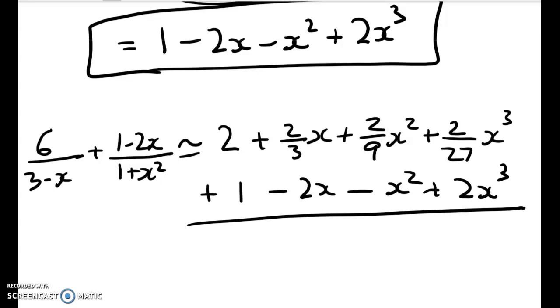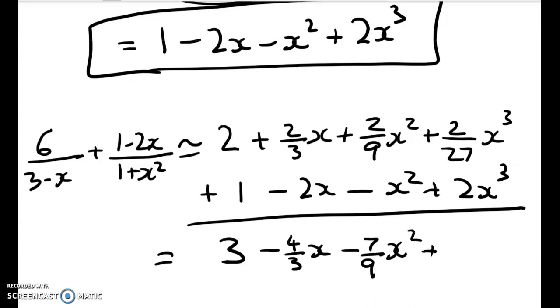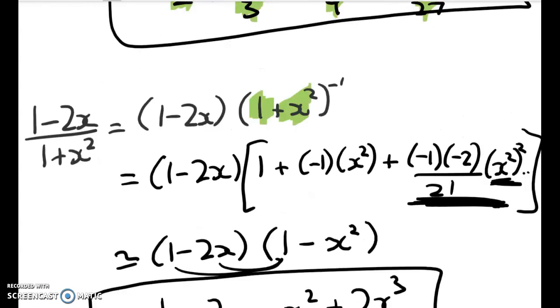I like lining them up in place value order because it makes it much easier to work with the fractions. So that equals 3 minus 4/3 x minus 7/9 of x squared plus, 2 and 2/27, so 56 over 27 x cubed.